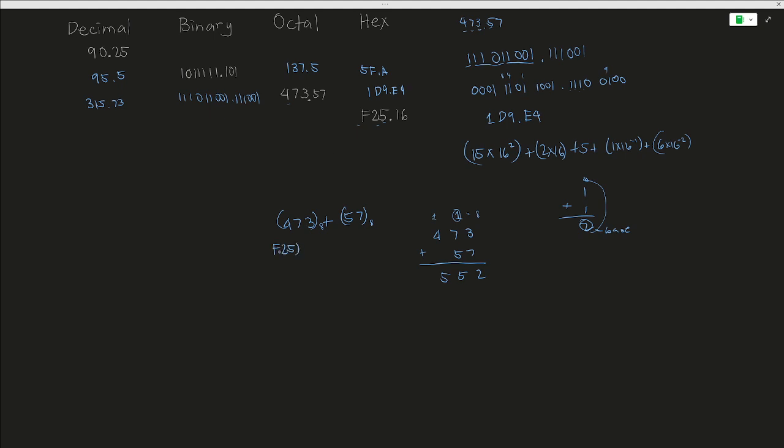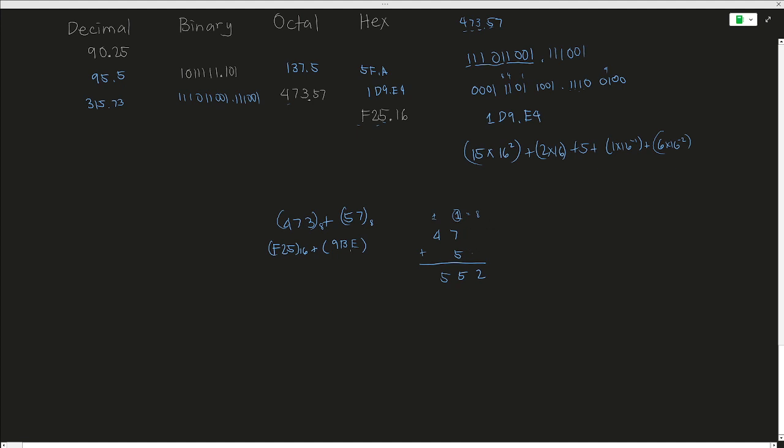Let's try a hex number. F25. Base 16 siya, syempre. So, let's add it to, hirap mag-isip ng number, 9BE. Okay, 9BE. Okay, ayan. So, okay, 9BE. Okay, add natin.